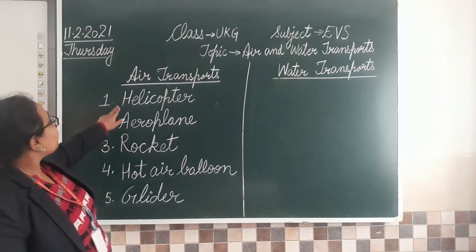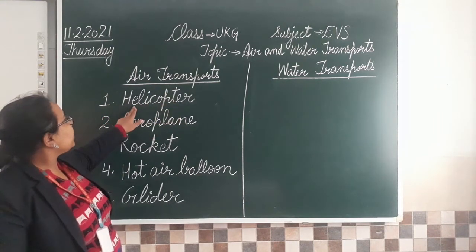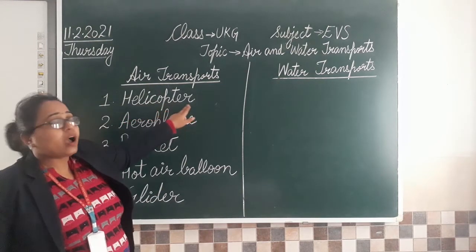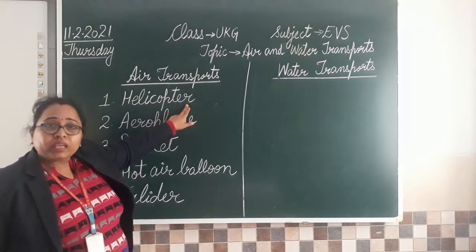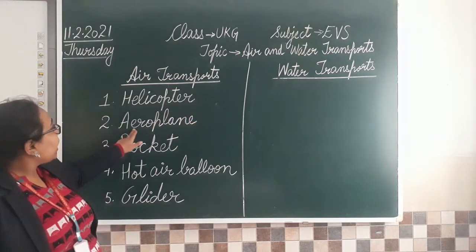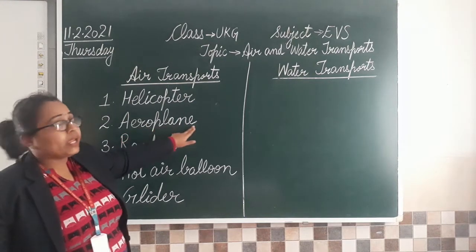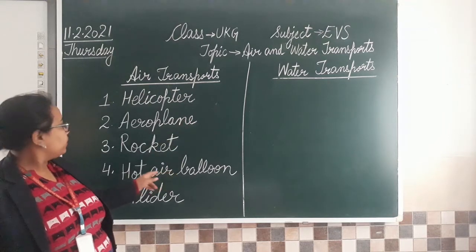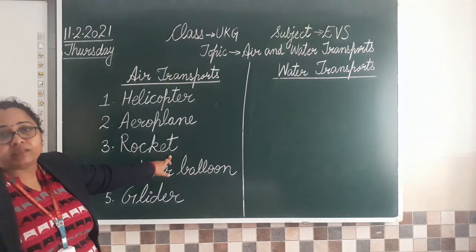Now class, these are big spellings, but let's see how we have written them. The first we have written is helicopter. H-E-L-I-C-O-P-T-E-R, helicopter. Easy. Then we have aero, A-E-R-O, aero, plane, aeroplane. Rocket, rocket.